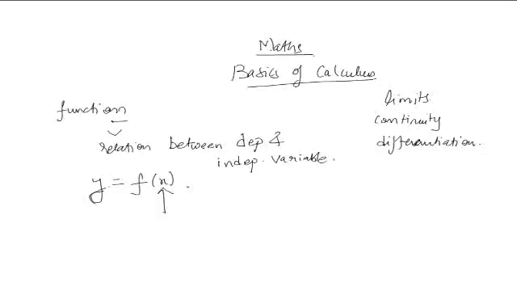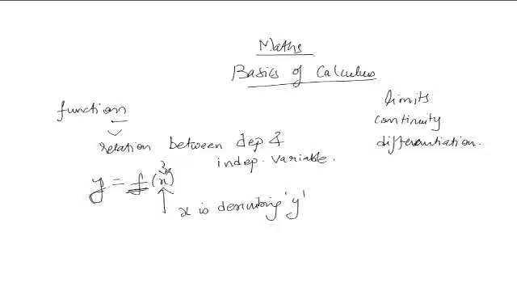Here we see that x is describing y. Y cannot take any values it wants. Y will be able to take the values decided by x. And what value? That will be decided by the function.